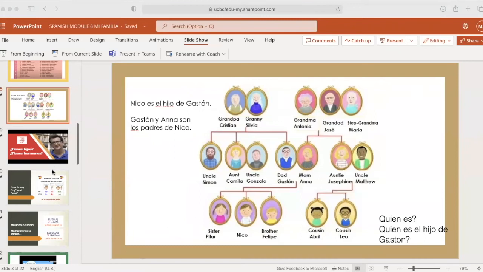Okay, what is this sentence? Ma'am, Pilar es la hija de abuela Silvia. Pilar is la hija, is the daughter of Silvia? Es la nieta de la abuela Silvia.